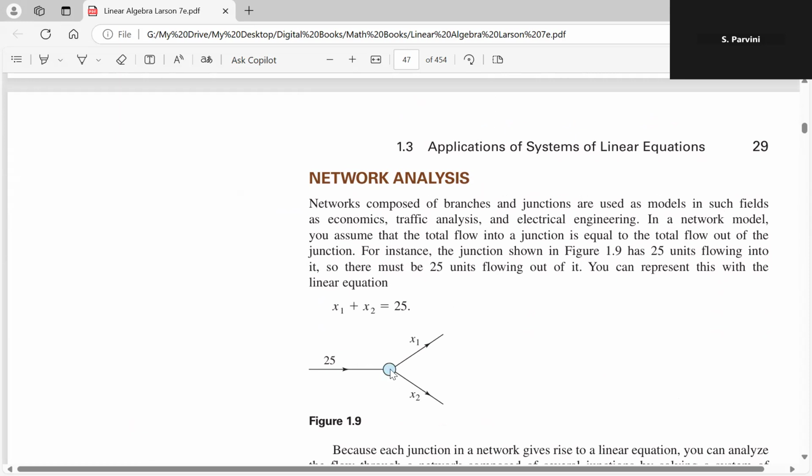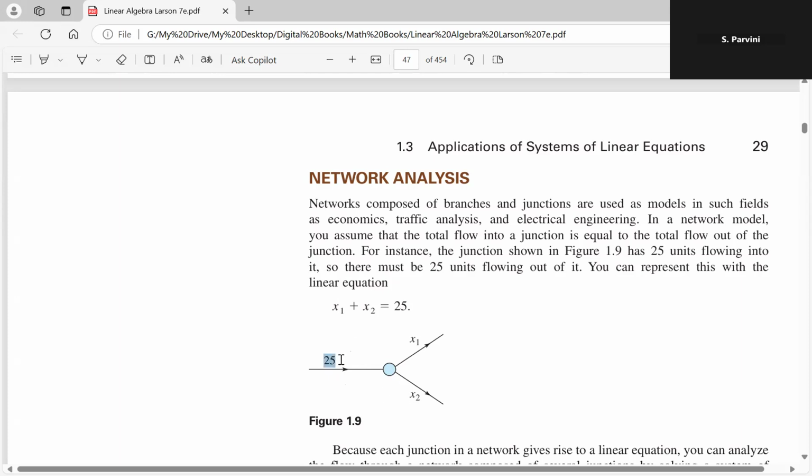An intersection like, I don't know, San Marcos Boulevard and Main Street. So this is a junction. So for instance, I can think of 25 as 25 vehicles coming into that intersection. And suppose at that intersection, there are two routes, two streets, two ways to get out of the intersection.